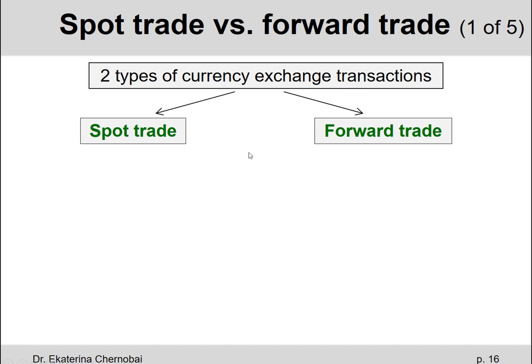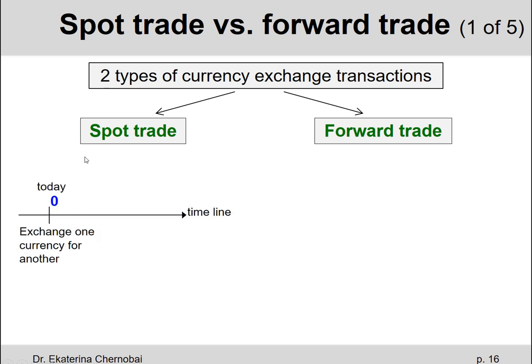Basically, we can exchange currencies one into another using the exchange rate as part of two different types of trades. So there are two types of currency exchange transactions out there: the so-called spot trade and the forward trade.